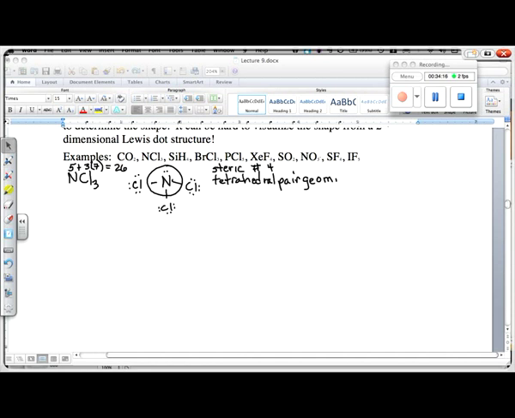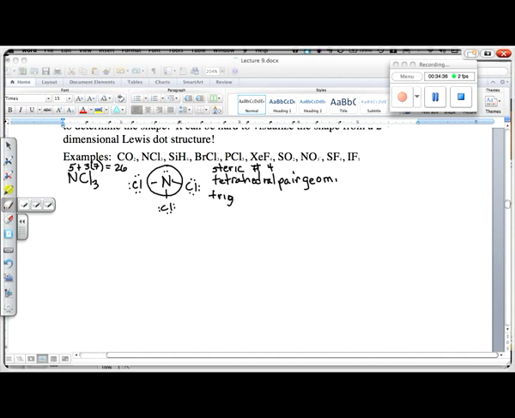If we go to our sheet, I'm going to let you look on the sheet instead. 3 bonds and 1 lone pair have a molecular geometry of trigonal pyramidal.